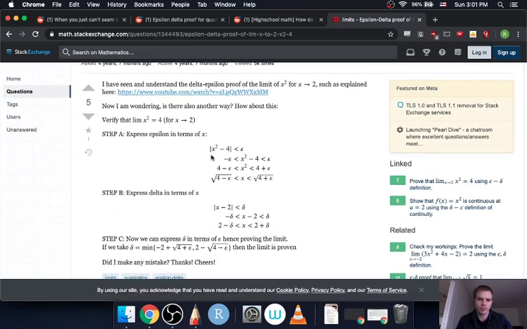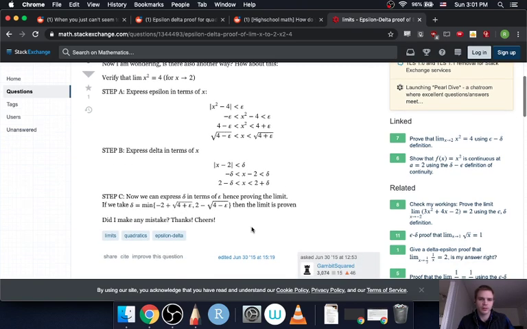Okay, so boom. So yes, plus 4, square rooted. Okay, that works.